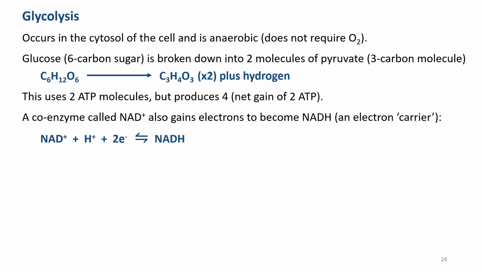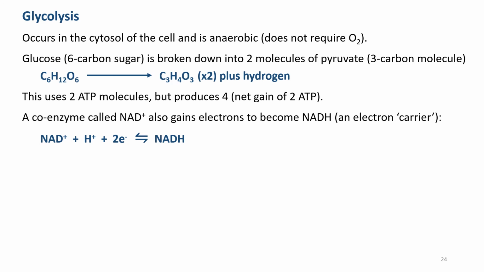More importantly, a coenzyme called NAD+, the abbreviation is absolutely fine, also gains electrons because it is an electron carrier. That's its role. It gains electrons. When it gains electrons, it becomes NADH. Again, it's an acceptable abbreviation.